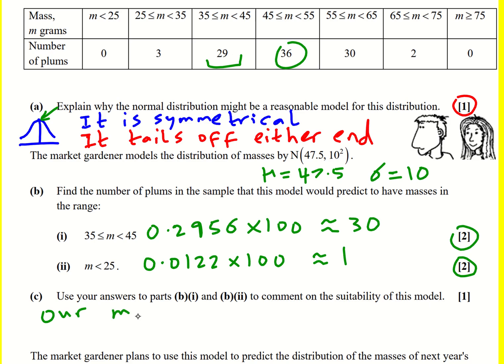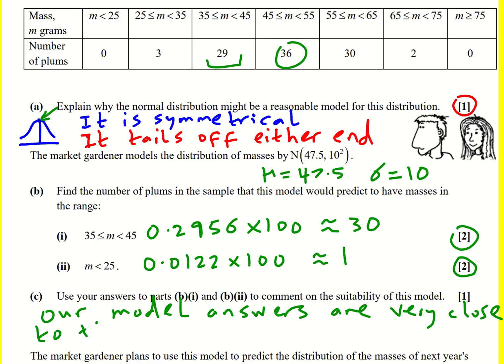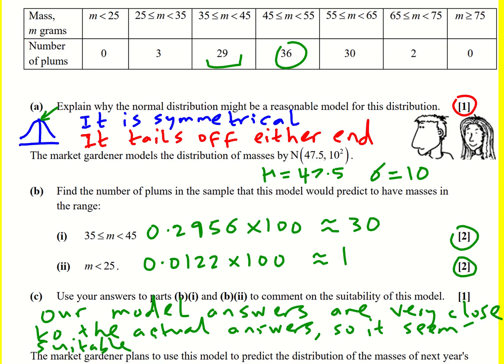Our model answers are very close to the actual answers. So it seems suitable. We don't know for sure, but that's pretty good. I'd say it's very good.